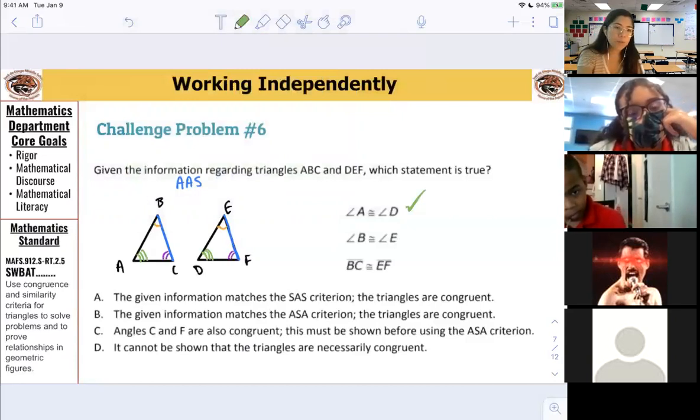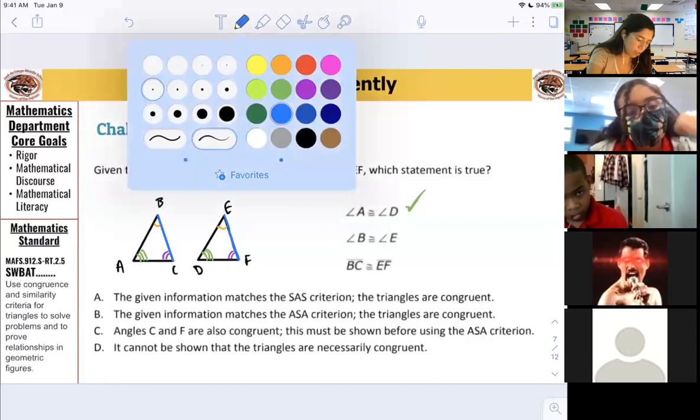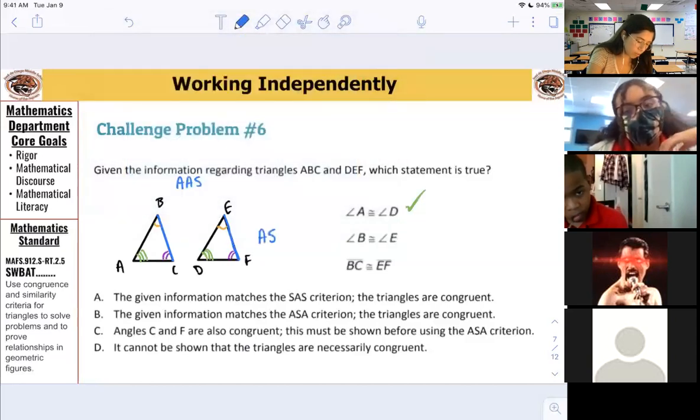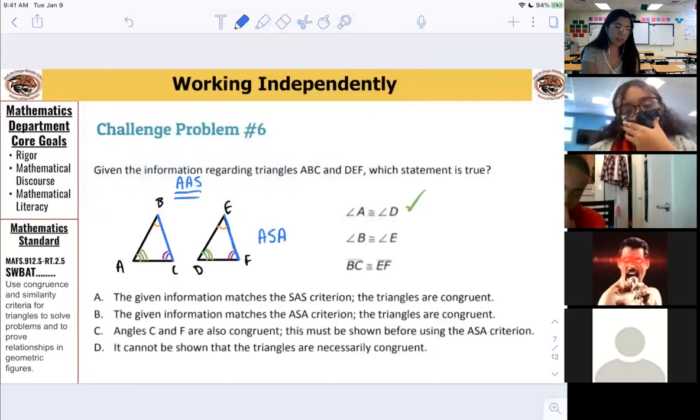Yeah, because if you don't show that C and F are congruent, you can't use ASA. You can only use ASA once you show that C and F are congruent. So we knew it was AAS, but since that wasn't an option, you had to pick the next best thing, and that was C. That was our answer for number 6.